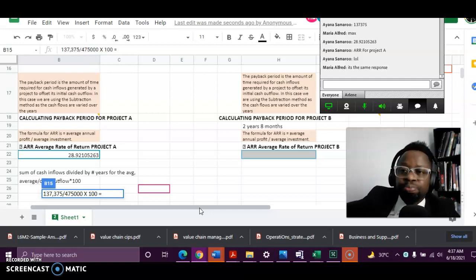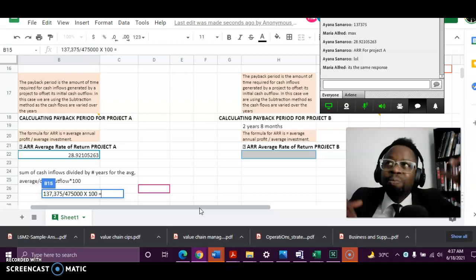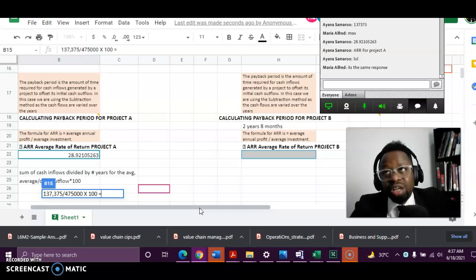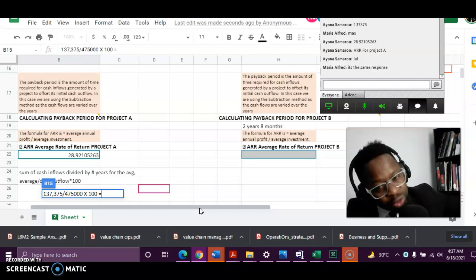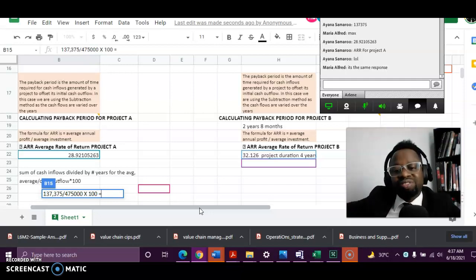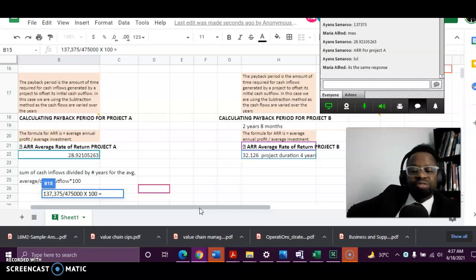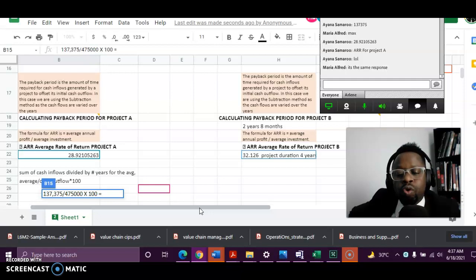The profit average is better. You agree with that? It's 32% versus 28%. So it's like you're comparing apples with apples. That's why we did 1 to 4 years to compare it with project A. And then we did it 1 to 5 years. You got it? Nice. Beautiful. So you can put your note.